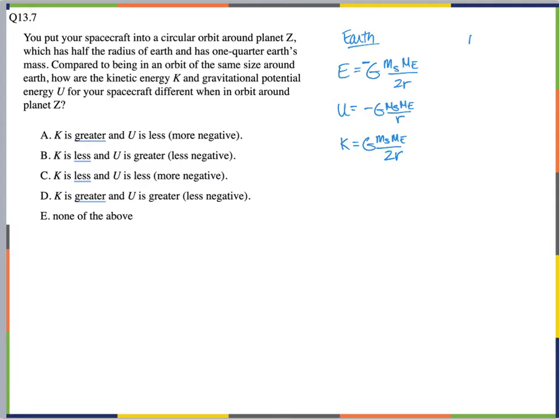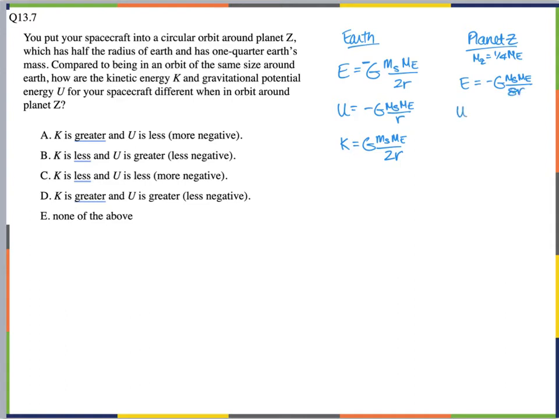So for planet Z, the mass of Z is 1/4 the mass of the Earth. And so that means that the energy is minus G, mass of spacecraft, mass of the Earth, over 4 times 2r, which is going to be 8r.